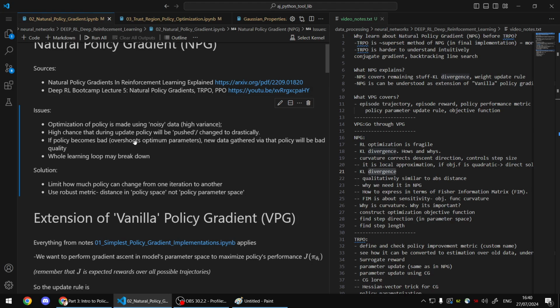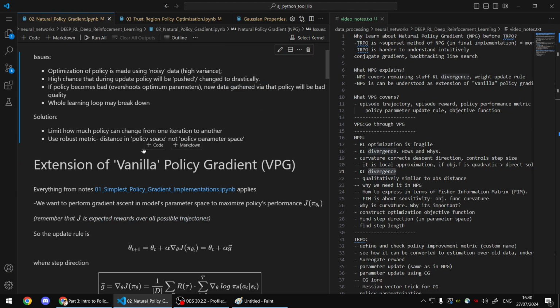And so the idea is that as a safeguard, we can say, okay, let's limit how much the policy can change. But the problem here is, how do you define how much? Because parameters, weights and biases in a neural network, are some kind of numbers, and you can maybe take some kind of norm, right? But it will not be representative.